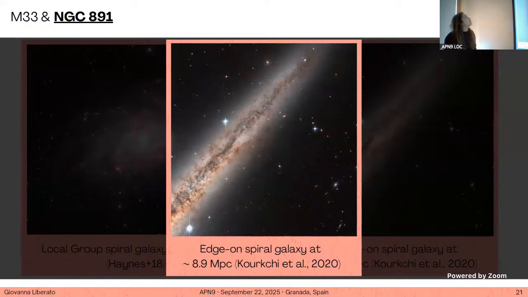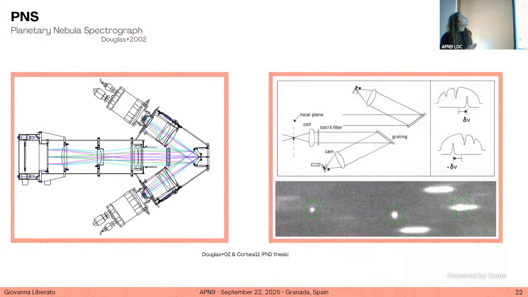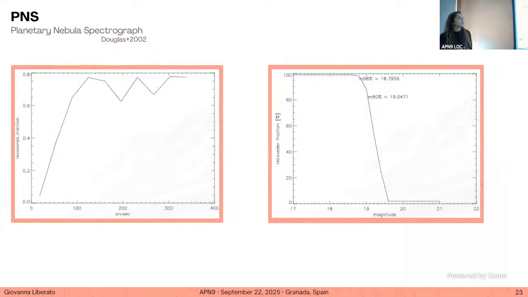So about NGC 891, I'll talk just a little bit about it. As I told you, we are going to use data from the Planetary Nebula Spectrograph. We have the images, we have the extracted catalogs, and we are working on the completeness of this catalog. So we insert artificial sources into the images to extract them.